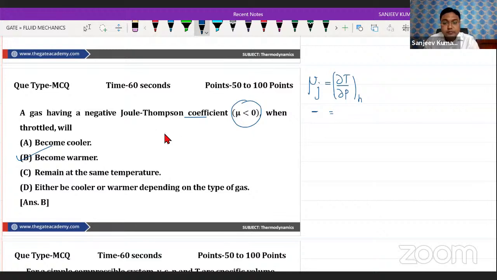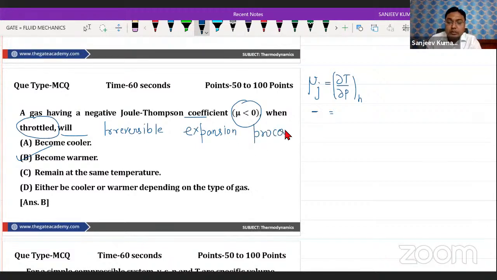Now, Joule-Thomson coefficient, so this is a throttling process, right? A very important point to note: throttling is an irreversible expansion process.